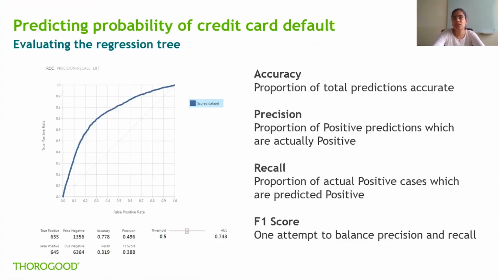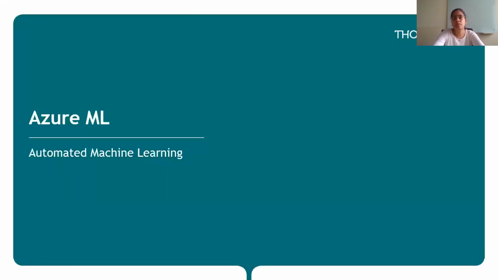The next are precision and recall, which compare the positive predictions that are actually positive against the actual positive cases. The F1 score is an attempt to balance both precision and recall. So that's about using ML designer to design a particular algorithm for answering some of the business questions that we have.